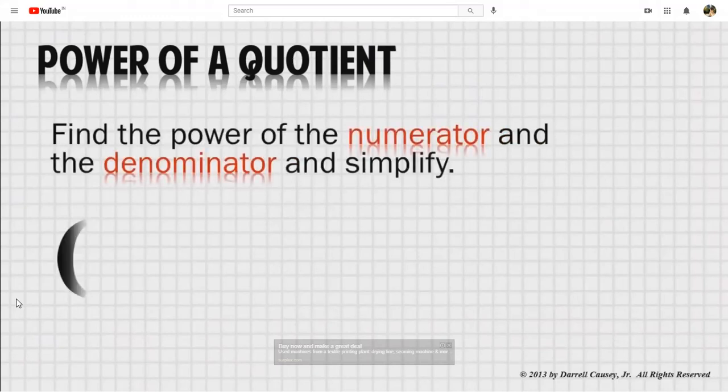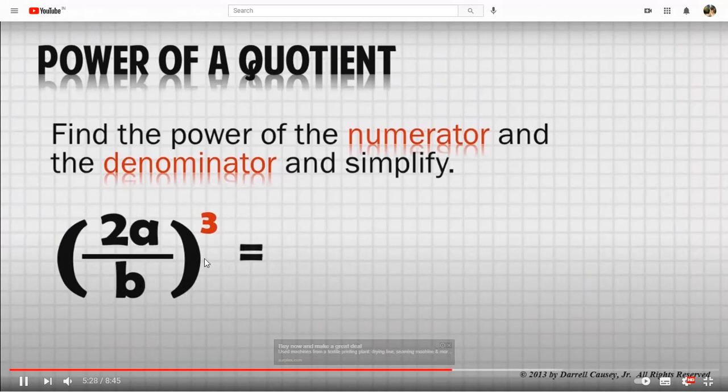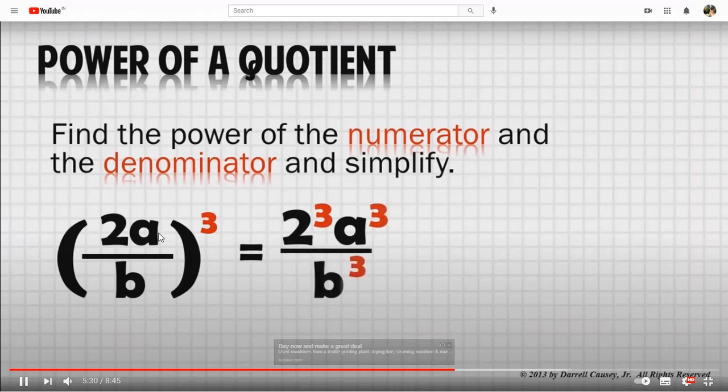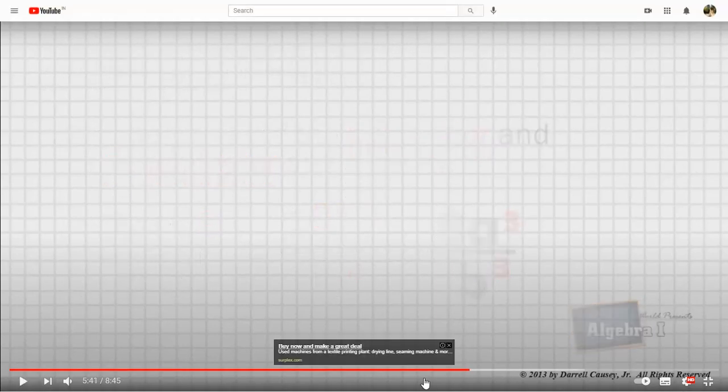Find the power of the numerator and the denominator and simplify. Now you see the expression here, one of the examples they have done, 2a by b to the power 3. So it will be 2 cube a cube divided by b cube. Here also it will be b cube. Here 2 cube is 8.